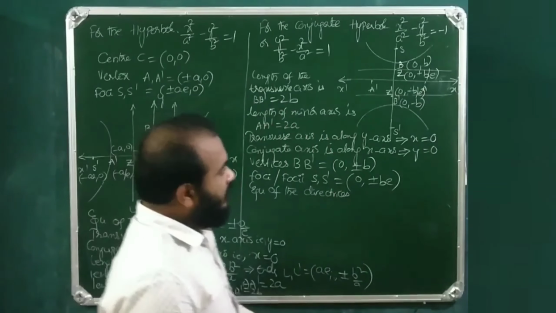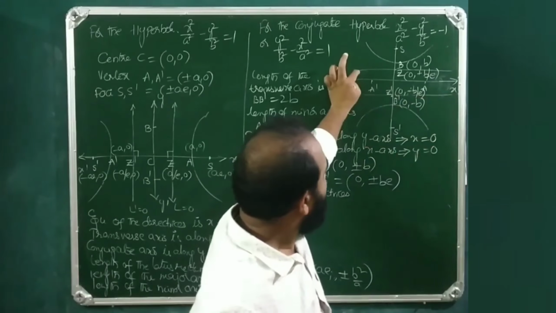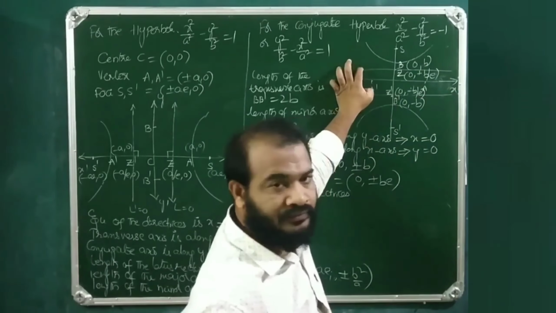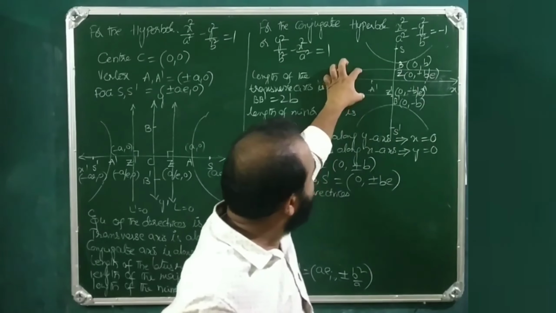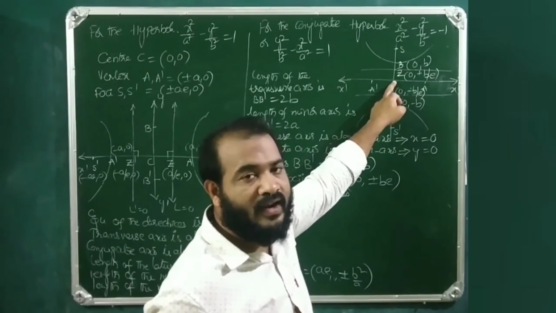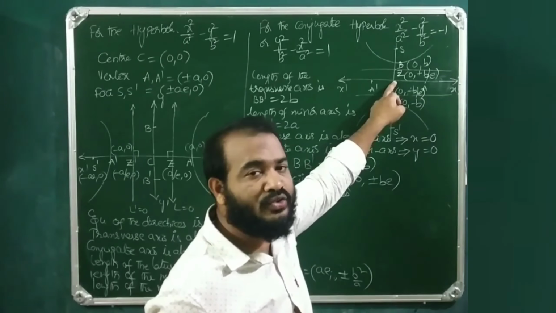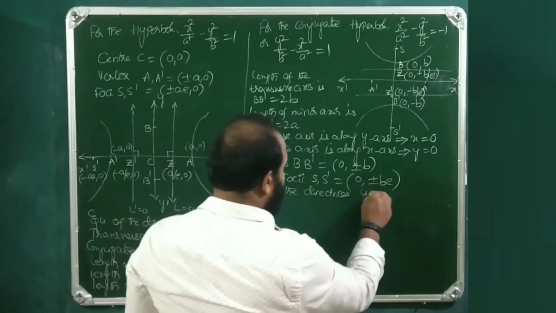These two are the directrices, the fixed lines. These two lines are parallel to the x-axis. Any line parallel to the x-axis is of the form y equals k. So y equals plus or minus b by e.